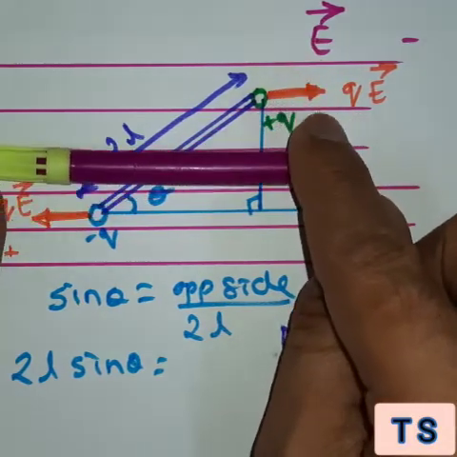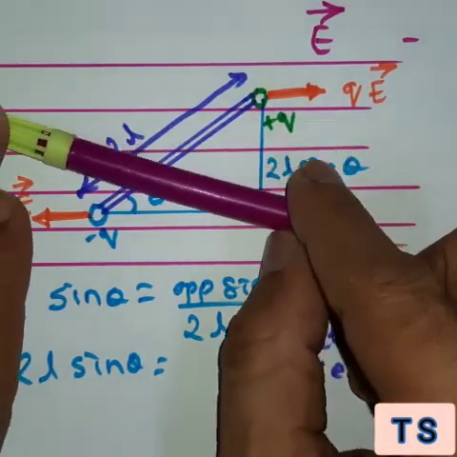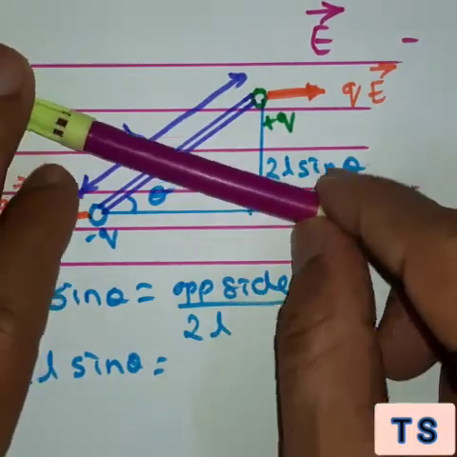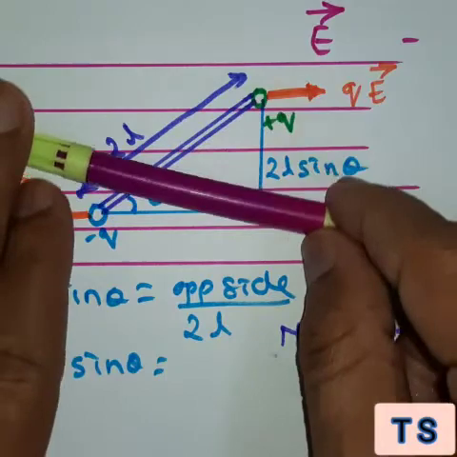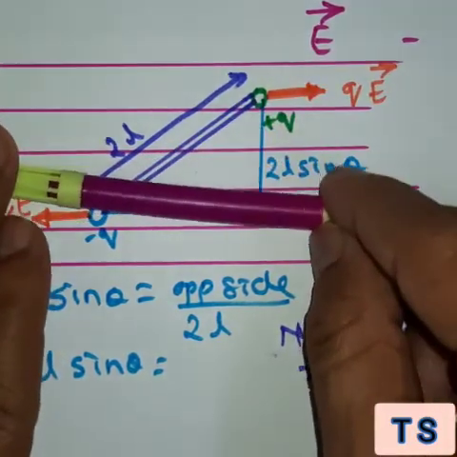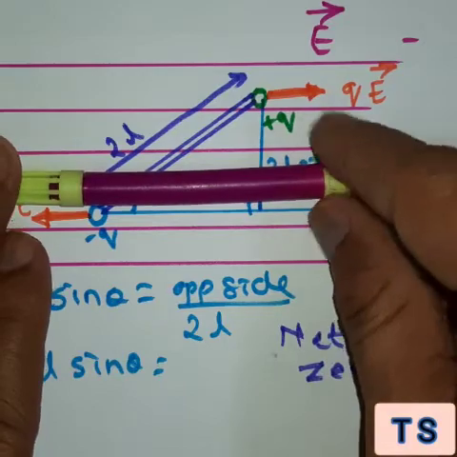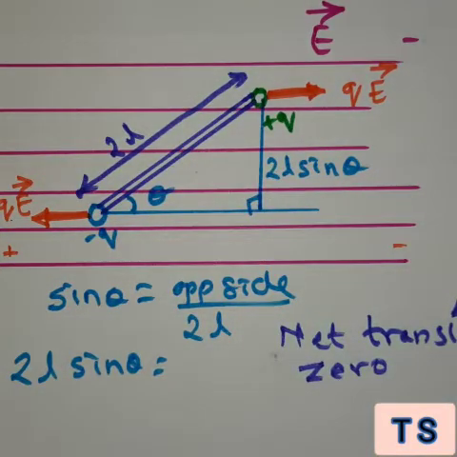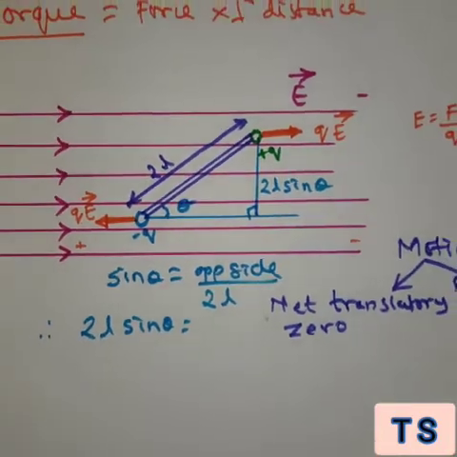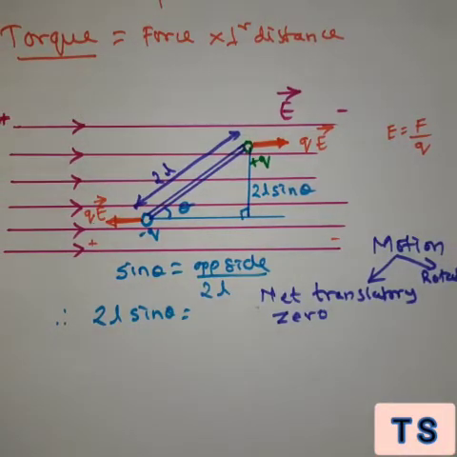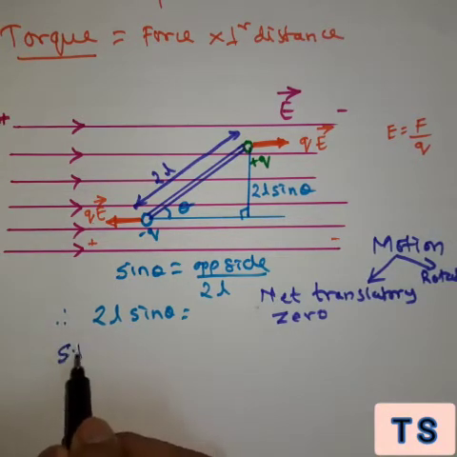It will have a torque and a rotational motion, and it will keep on oscillating like this until it comes to equilibrium. So such a dipole moment placed in a uniform electric field will produce oscillatory motion.